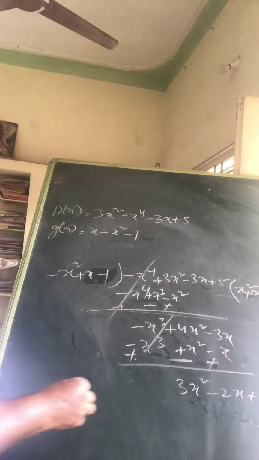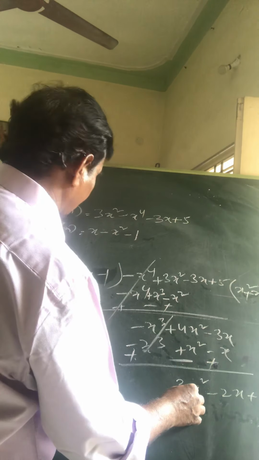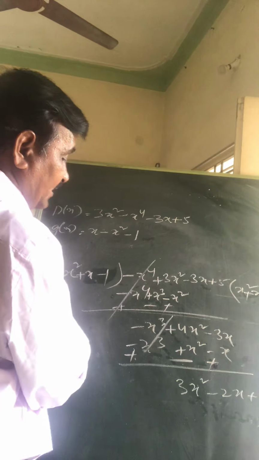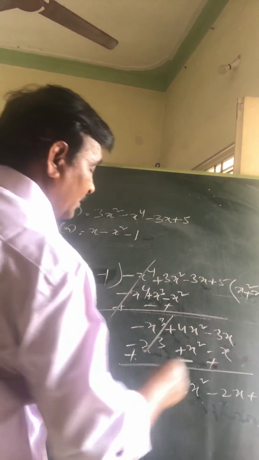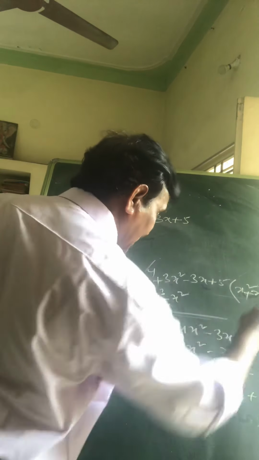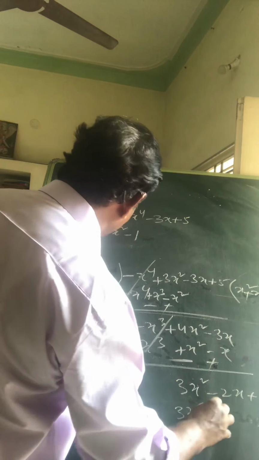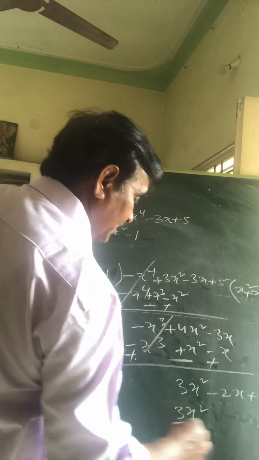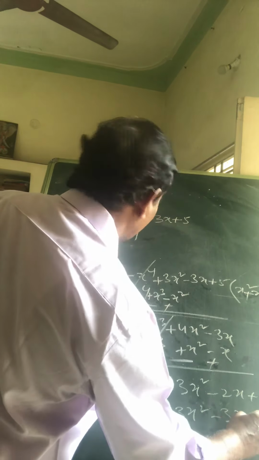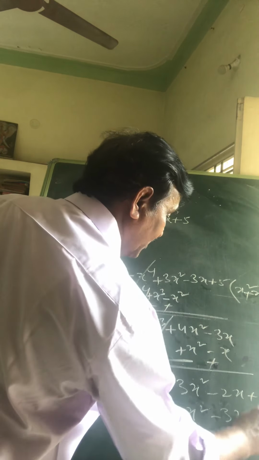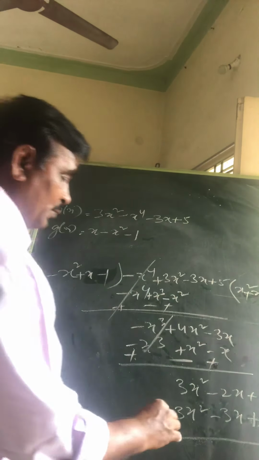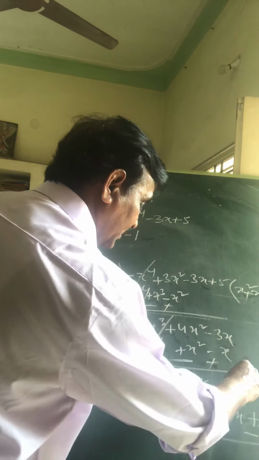Here 3x square is there, but here what is there? Minus x square. So minus 3 times: 3x square minus 3 into x minus 3x, and minus 3 into minus 1 plus 3, minus plus minus cancel.